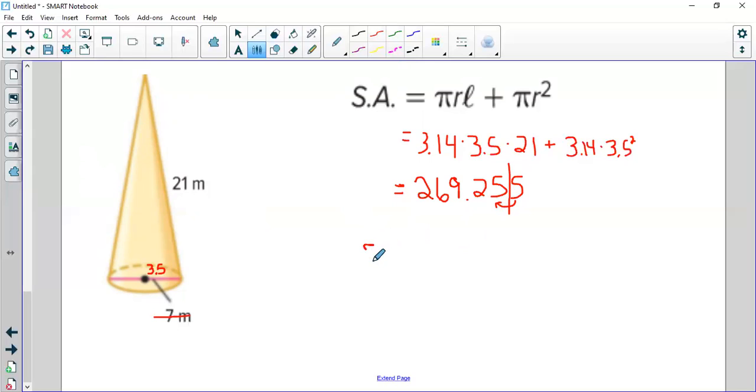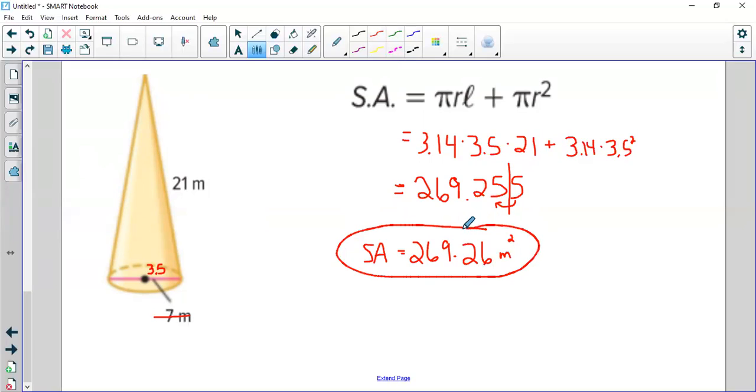So my surface area for that tall skinny cone is 269.26, and these are meters squared. All right, surface area of a cone. There's your formula. Work it out.